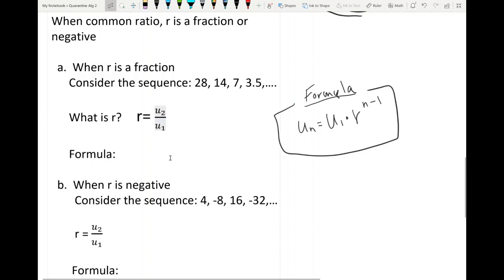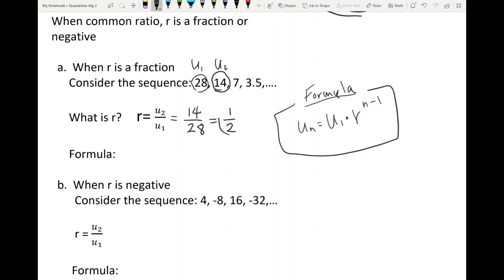So in this case, U2 is 14, and 28 is U1. So it's going to be 14 divided by 28. And if you do the reducing math, it's just going to be 1/2. In other words, the value of R is going to be 1/2.